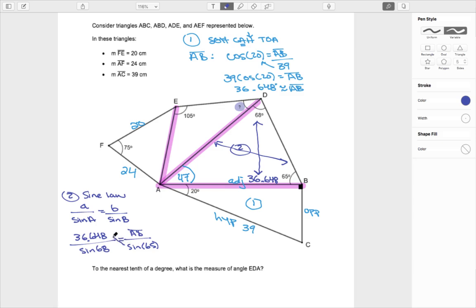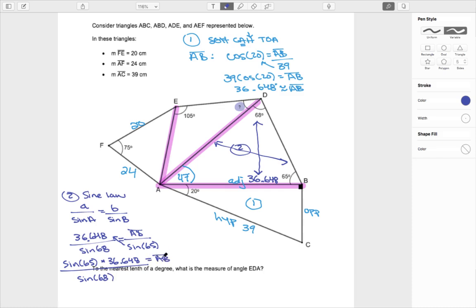So we're going to multiply that up there. So it's going to look a little messy, but I'm going to write it out anyway. Sine of 65 times 36.648, and you can actually write the sine after as you wish, divided by sine of 68. And that will be AD.